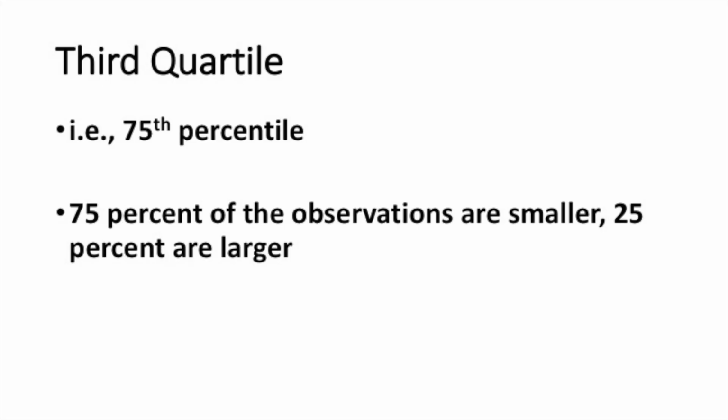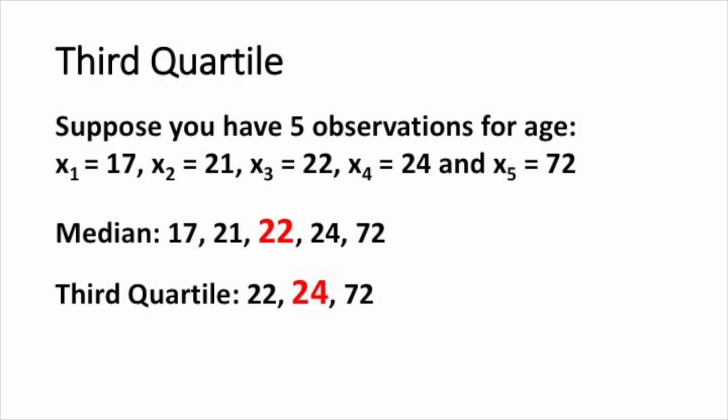If you enjoyed learning about the first quartile, then you're going to love learning about the third quartile. The third quartile, also known as the 75th percentile, tells us a value for which 75% of the observations have smaller values and 25% of the observations have larger values. Let's look again at our data set with 5 observations of people's ages.